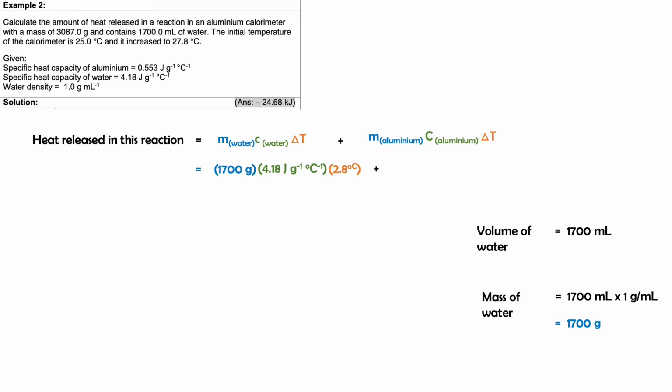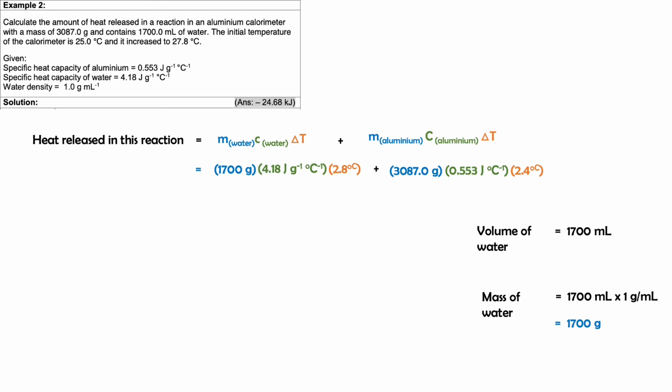Now for the aluminium, the mass of the aluminium is 3087 gram, and multiply it with the specific heat capacity of aluminium, which is 0.553, and also multiply it with the change of temperature, which is 2.4.